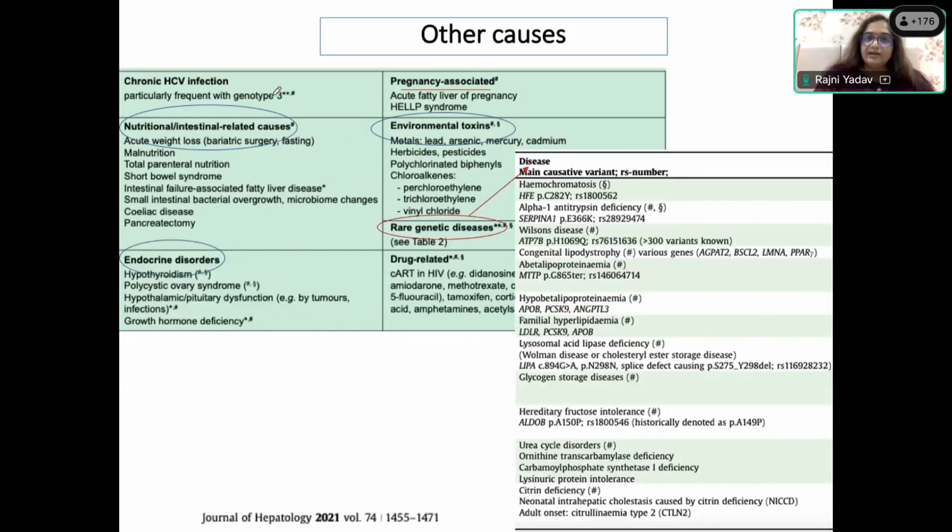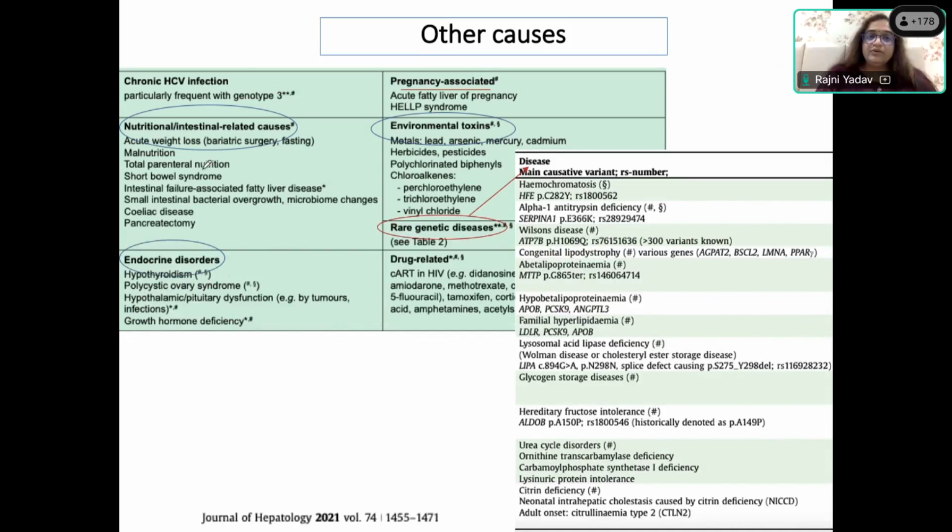Then if we go to the uncommon causes, which do not predominantly cause steatosis but can induce it. In pregnancy, there is fatty liver of pregnancy and HELLP syndrome, then PCOD, which is quite common, and hypothyroidism. These endocrine disorders can produce steatosis in the liver.